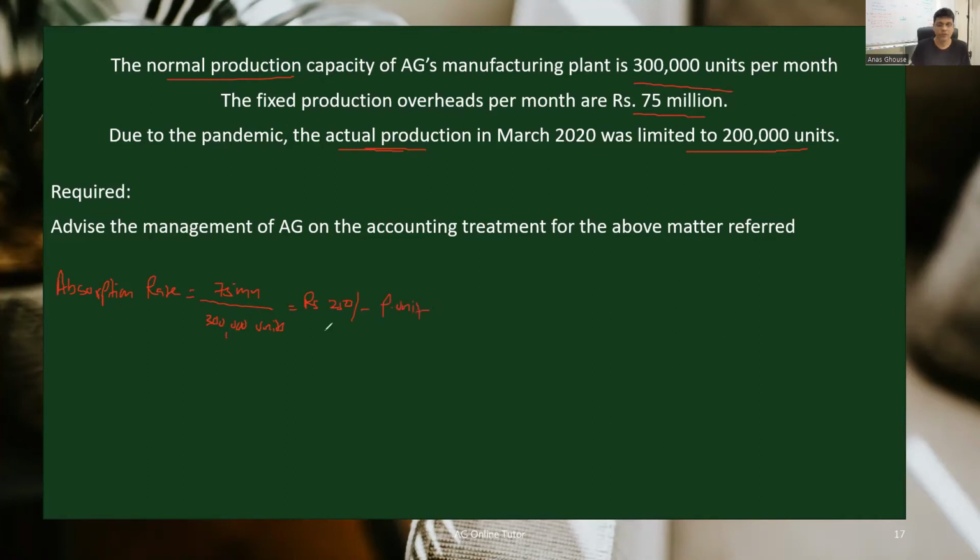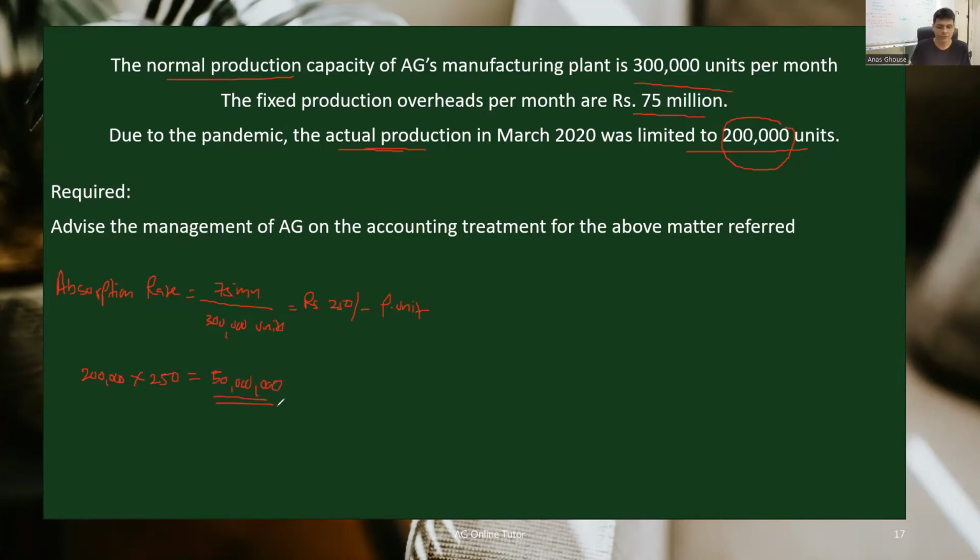Now the standard says that as a consequence of low production, you should not increase the cost. So you need to value these 200,000 units at the rate of 250. How much is that? That will be 50 million.